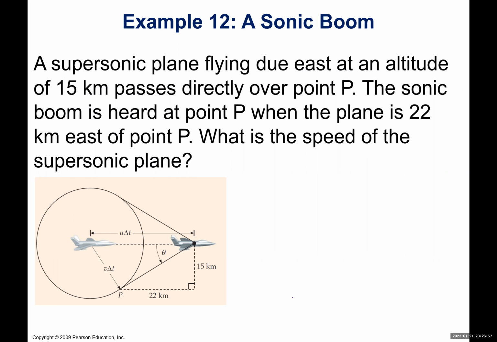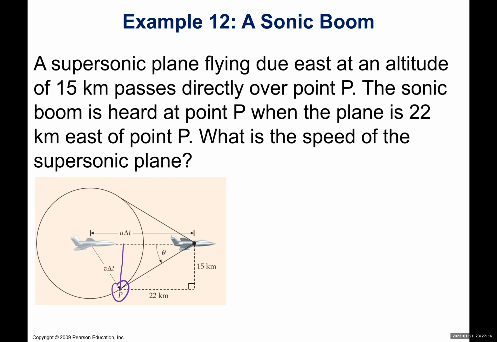All right, so as you can see, we are given some geometrical numbers, and we can construct a right triangle. Relative to this point P, we have a height of 15 kilometers.